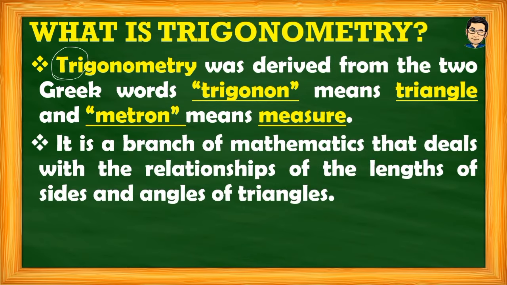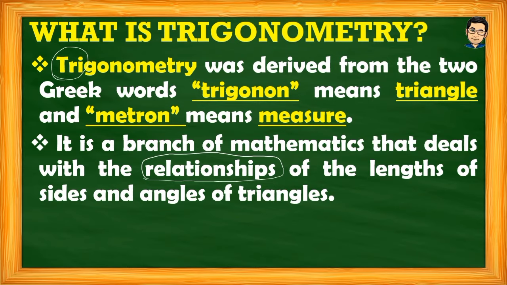So, kung dyan po na-derive yung mga words, using the Greek words trigonon and metron, what about the definition of trigonometry? It is a branch of mathematics that deals with the relationships of the lengths of sides and angles of triangles. So we have there the word relationships.